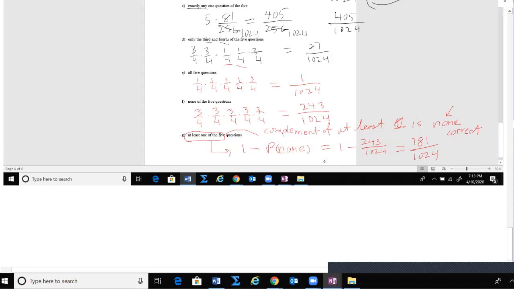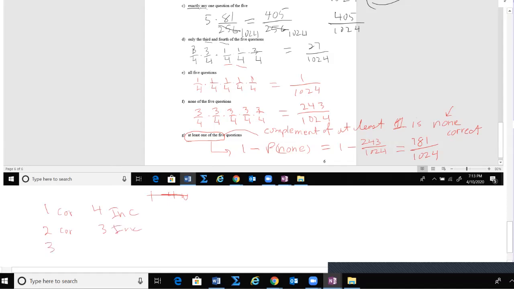So at least one means 1 right, 4 wrong. Okay, so 1 correct, 4 incorrect. That's at least 1. Or you can have 2 correct, 3 incorrect.